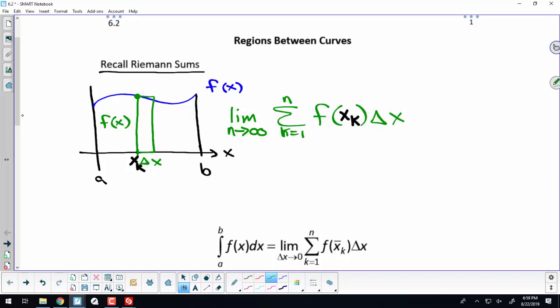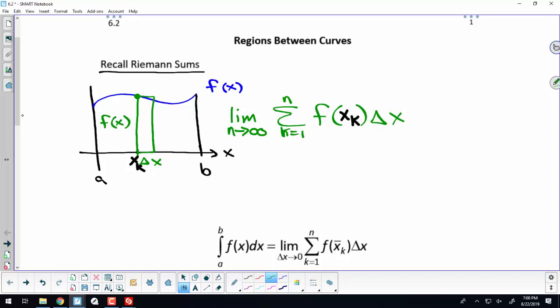If we had another one over here, and we said use the right Riemann sum, then we're using the right endpoint to determine the height. So that's really the only difference. For us, left, right, midpoint, whatever Riemann sum, it doesn't matter, because of that limit as n goes to infinity. As we force an infinite amount of rectangles in there, whether we're using the left or the right, they all become basically lines. So it's irrelevant, but that's what they mean when they say that.